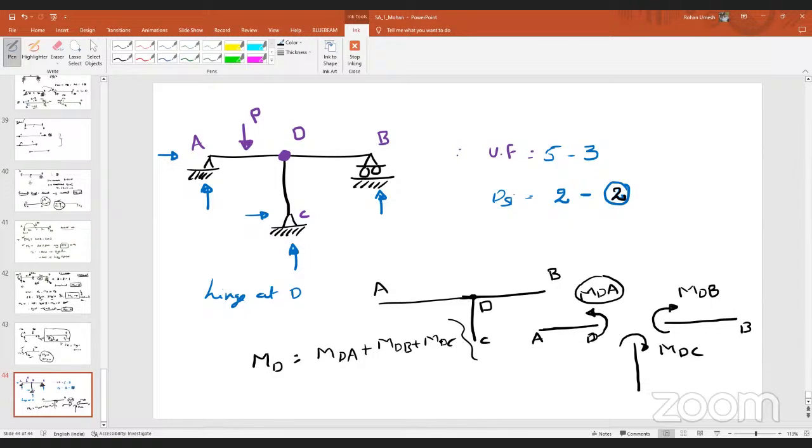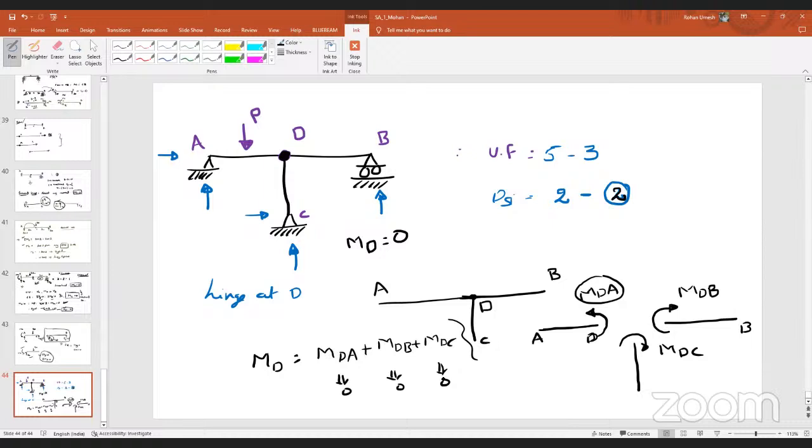Now, what is our case here? My case is that if there is a hinge at point D, what will be my moment at point D? What should be my moment at point D? 0. 0, sir. Right. There should not be any resisting moment, isn't it? That means this value will be 0, this value will be 0, this value will be 0.